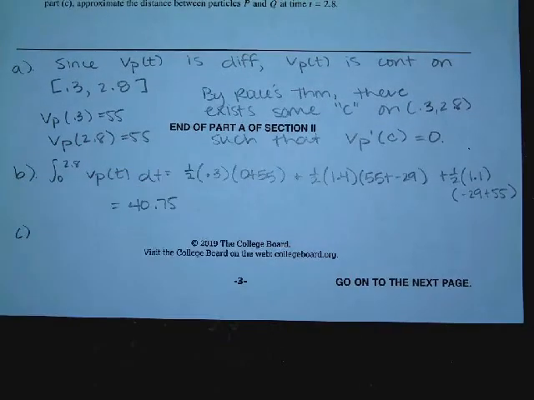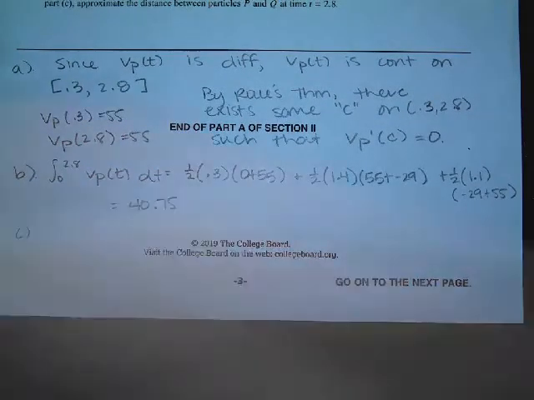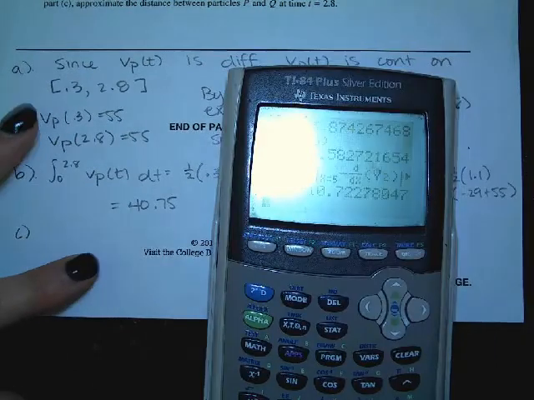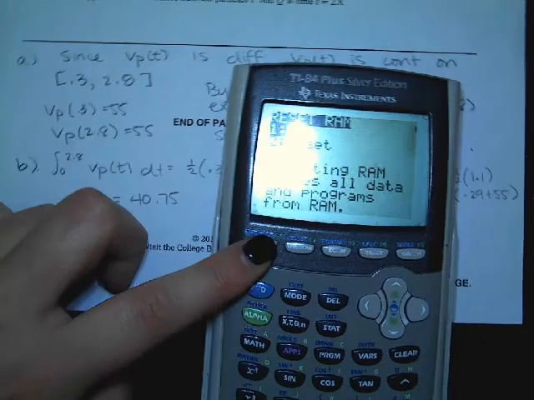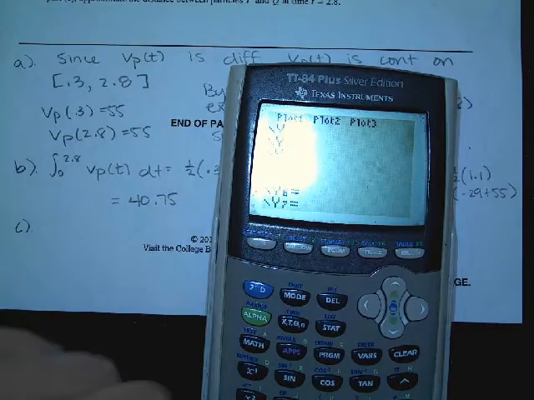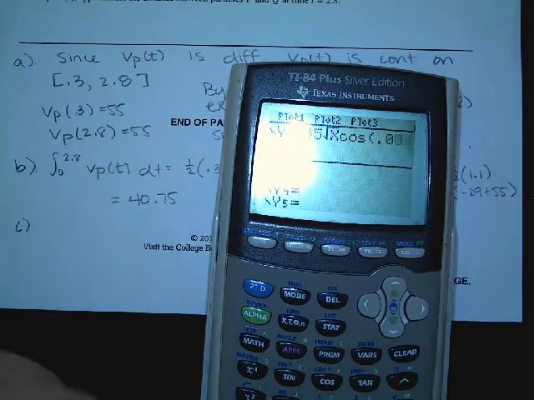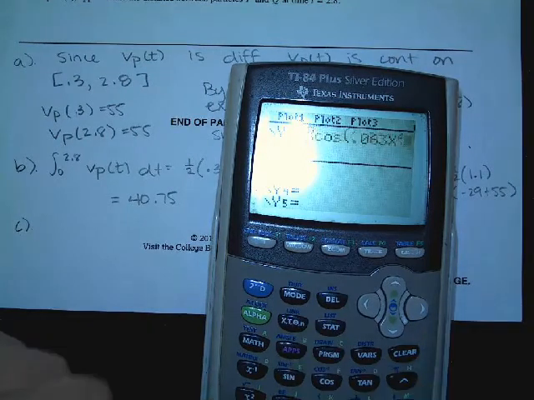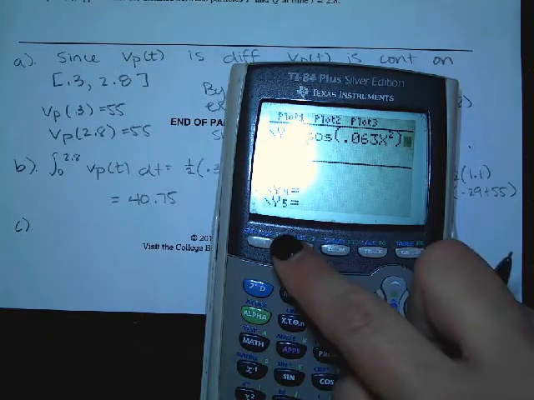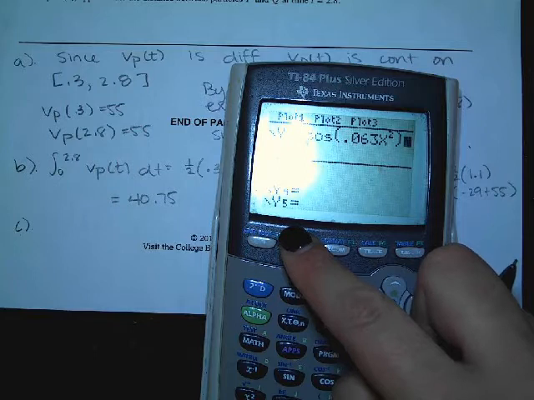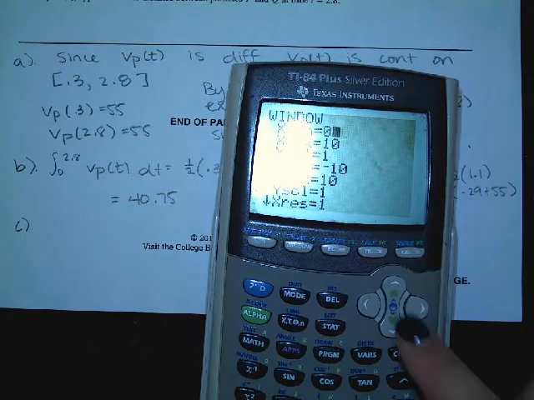All right, part C, we have a second particle. They gave us an equation. So what I'm going to go ahead and do is plug that equation into my calculator. And then they said the window is from 0 to 4.